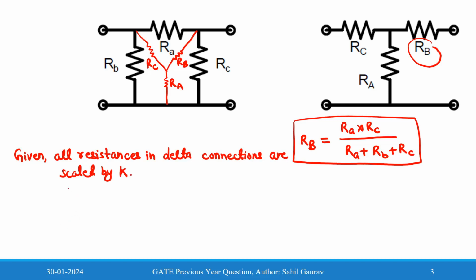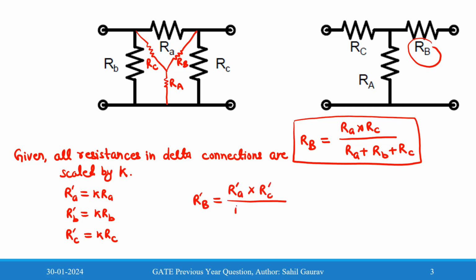That means RA dash equals k into RA, RB dash will become k into RB, and RC dash will become k into RC. These are the delta resistance values. If we write the RB dash value equivalent in the star connection, it becomes RA dash into RC dash divided by RA dash plus RB dash plus RC dash.